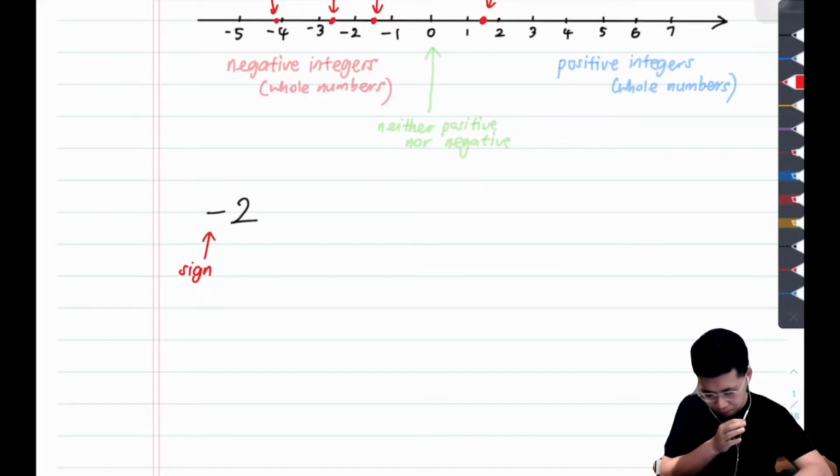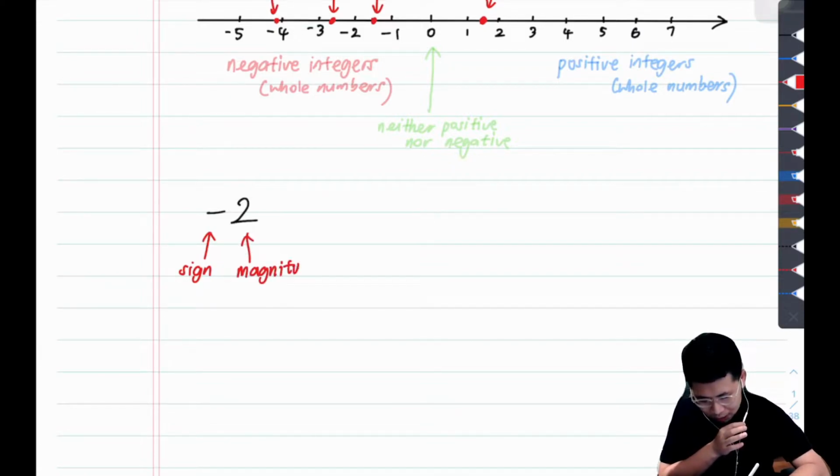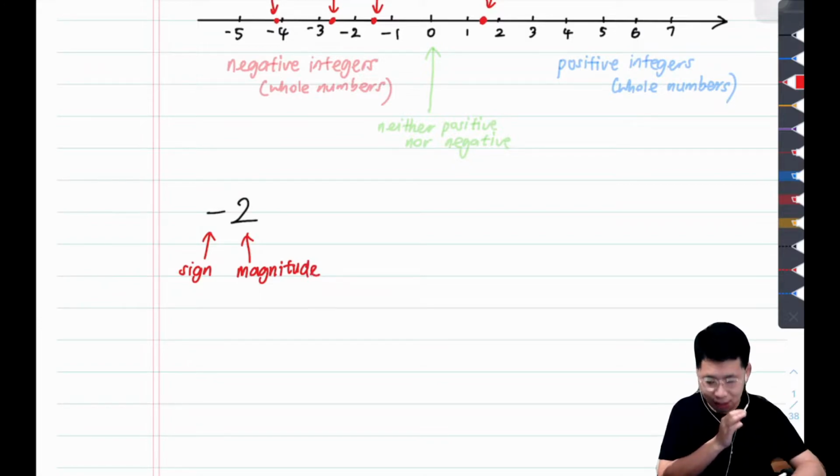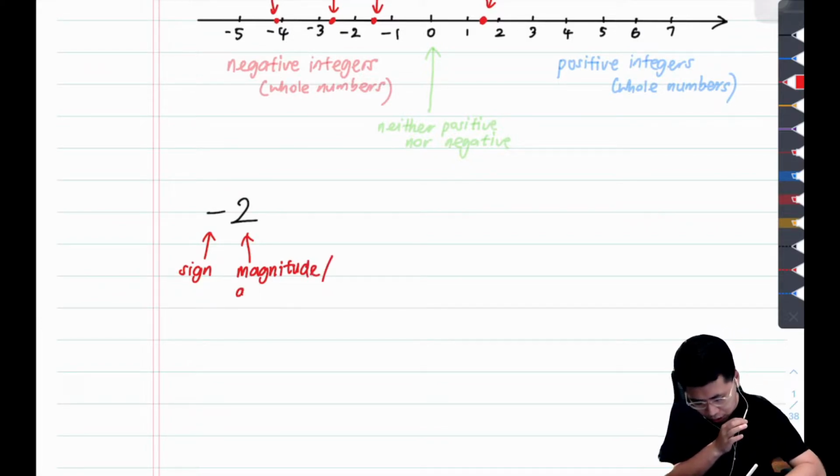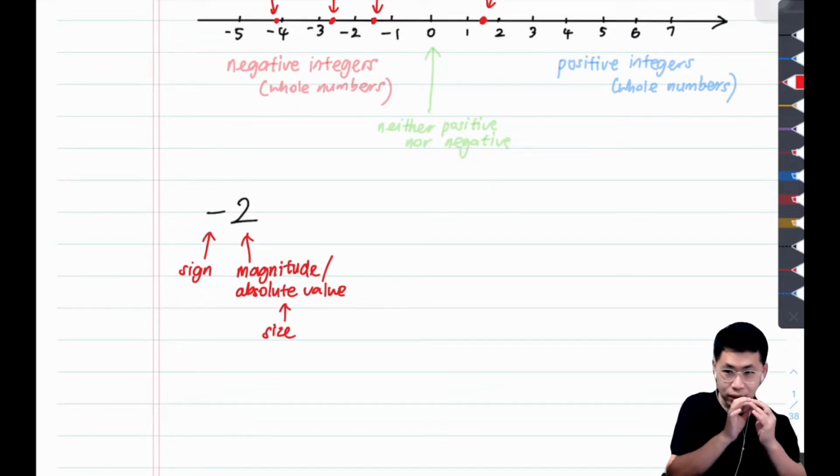Then the 2 forms our magnitude, the size of the thing. So what is magnitude? It's actually the size. Another word for magnitude is the absolute value. This is the size of what we're looking at over here.